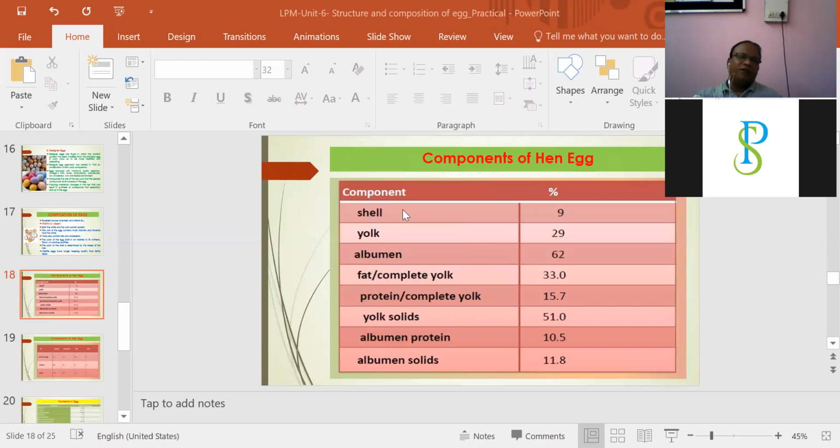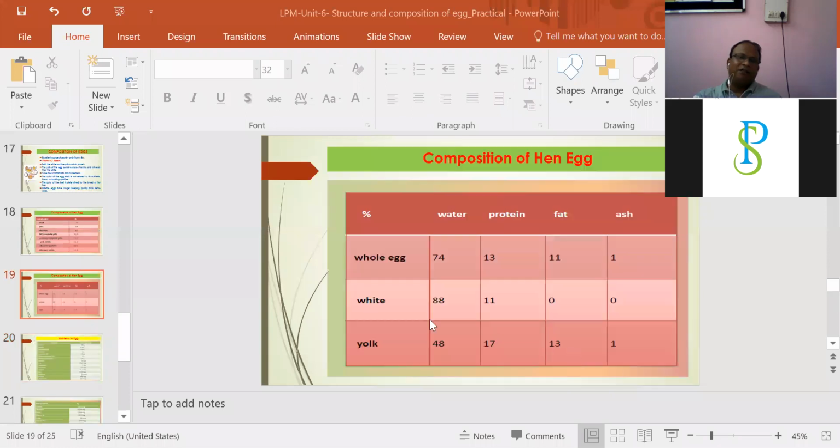What are the components of the egg? Eggshell 9%, yolk 29%, albumin 62%, fat in yolk 33%, protein in yolk 15%, yolk solids 51%, protein in albumin around 10.5%, and albumin total solids 11.8%. You see the nutrients of whole egg: how much water, protein, fat, and ash in whole egg, albumin, and yolk.